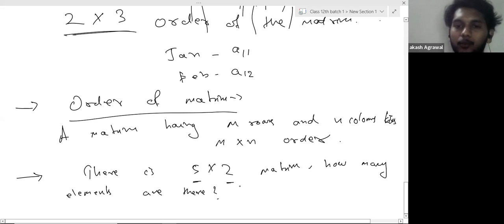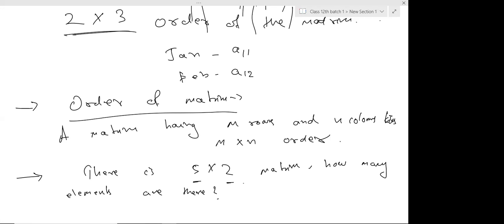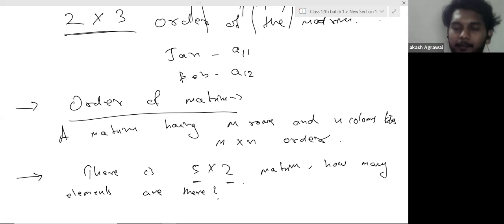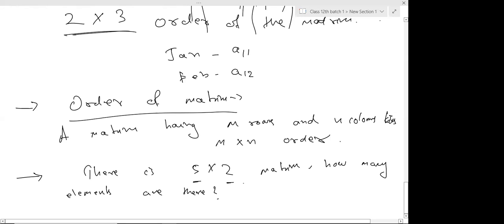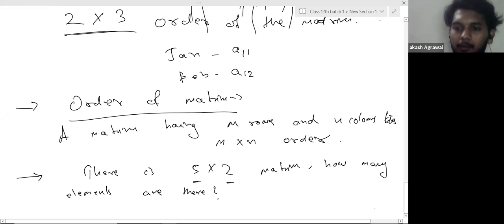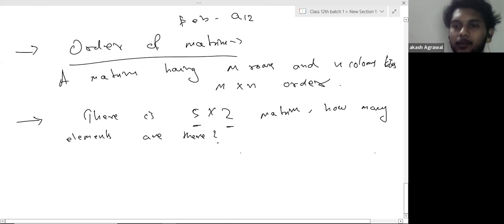If there is a 5 by 2 matrix, how many elements will be there? 10. All right, Krishna. Yes, sir, it's 10. So how can you do that? You just multiply 5 into 2. 5 rows, 2 elements each, so 10 elements in total.